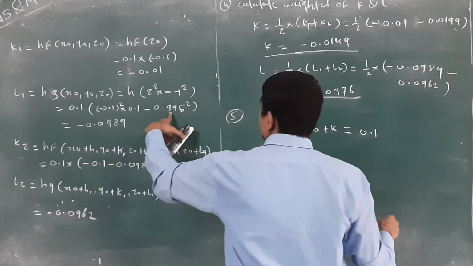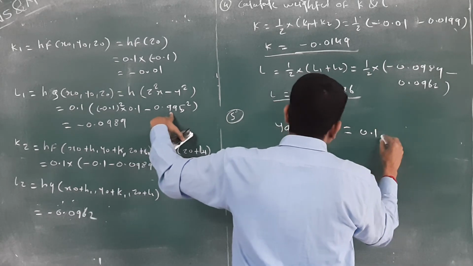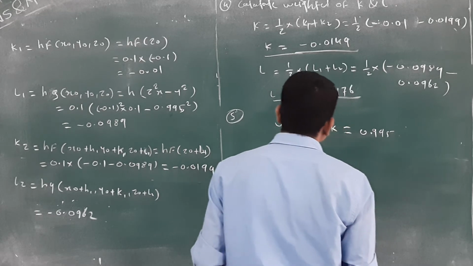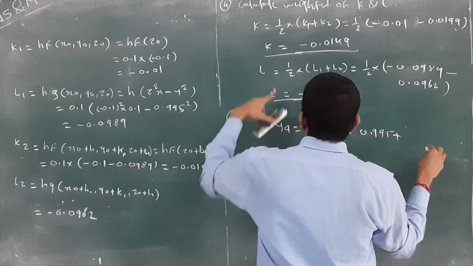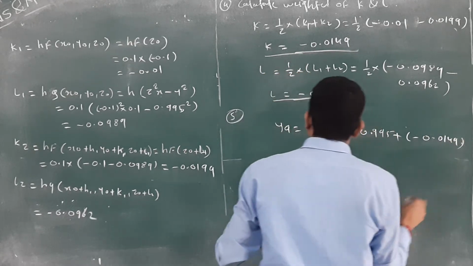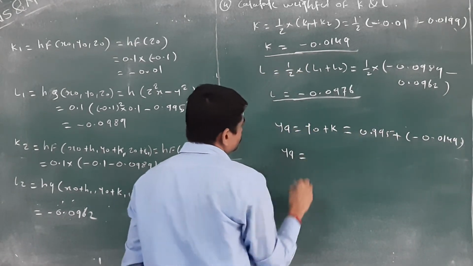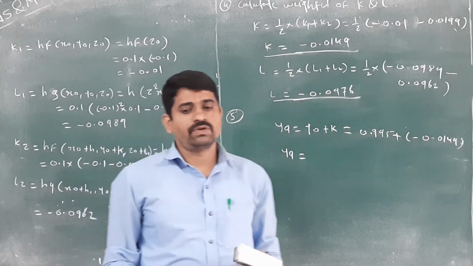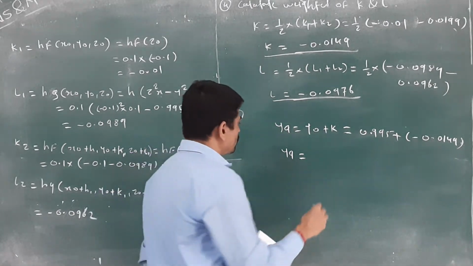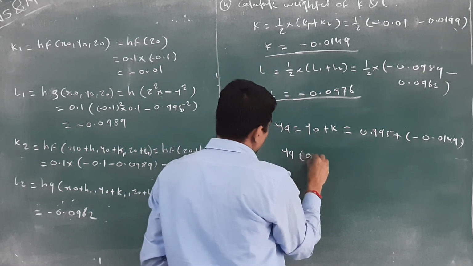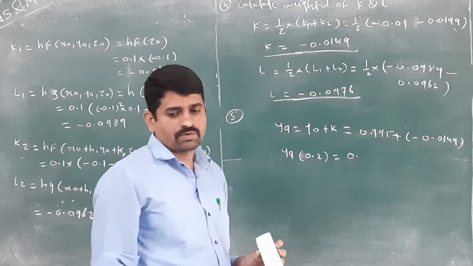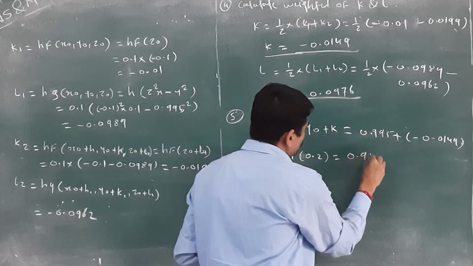Sorry, y value is there here, 0.995. Okay, this value is y0, plus what is the k? Minus 0.0149. Then what is the value of yg? Yg is equal to, you will get that value 0.9801.